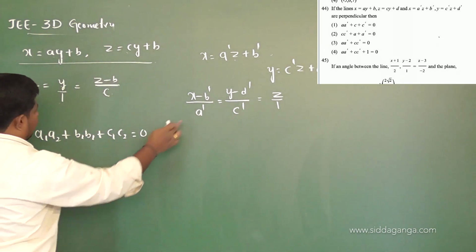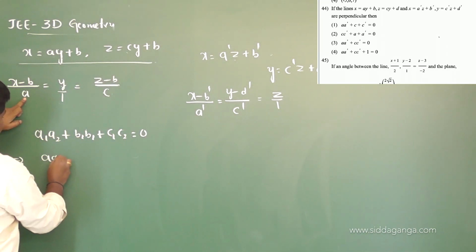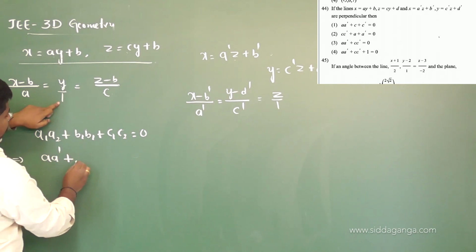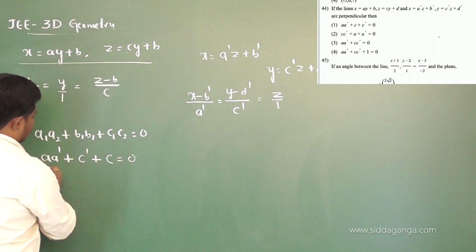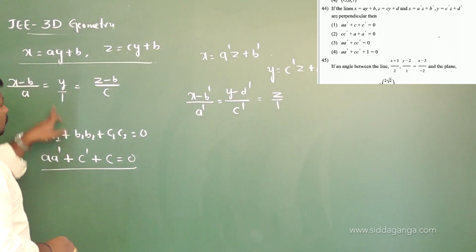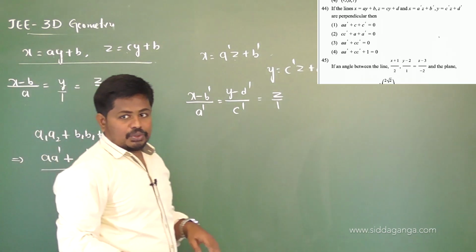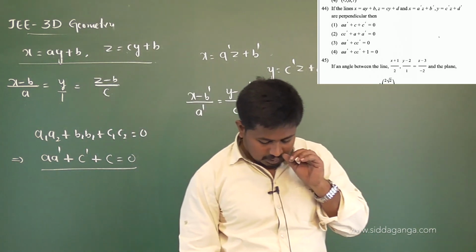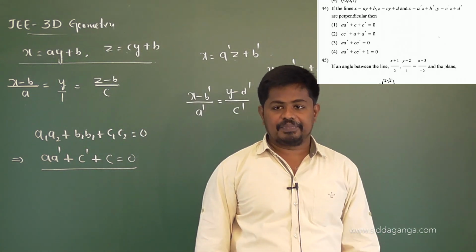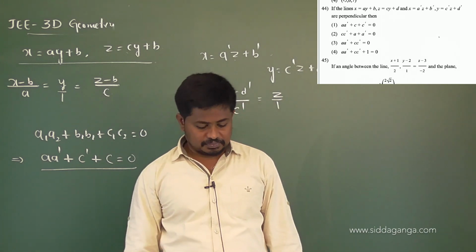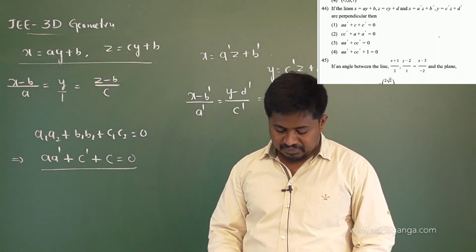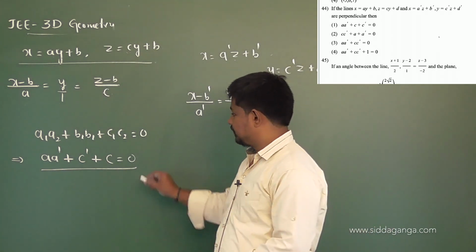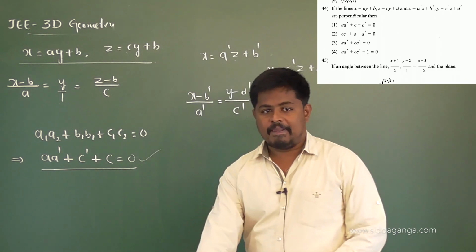So a1 into a2, that is a into a dash, plus b1 b2, 1 into c dash, plus c1 c2, c into 1, that is c, equal to 0. This is true when these two are perpendicular. You mean option 2, I think, sorry, option first is the correct one: a dash plus c dash equal to 0. Whenever these two lines are perpendicular, this happens.